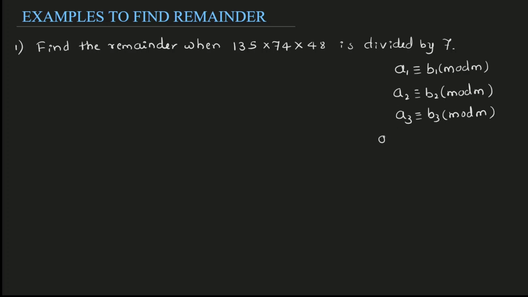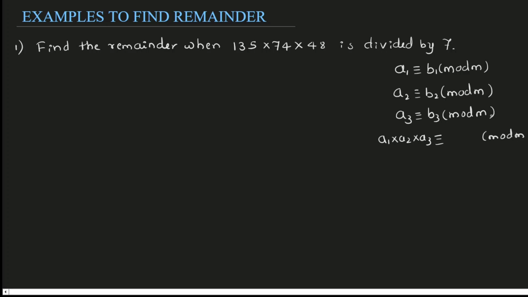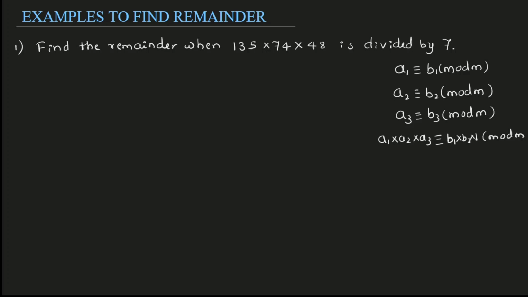They have the remainders B1, B2, B3. When I multiply all these numbers A1, A2, A3, because the divisor is common, it is congruent to B1 into B2 into B3, mod M only. Whenever you take the product of these three, you must multiply their remainders B1, B2, B3.